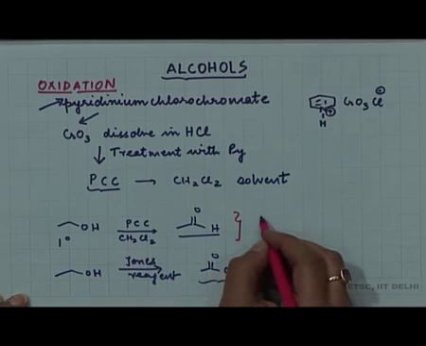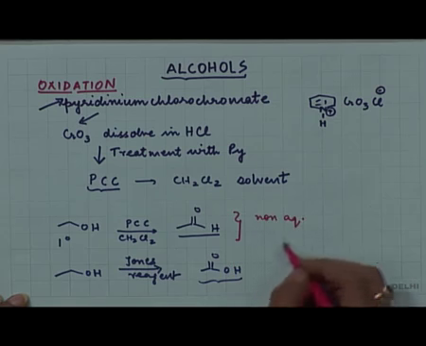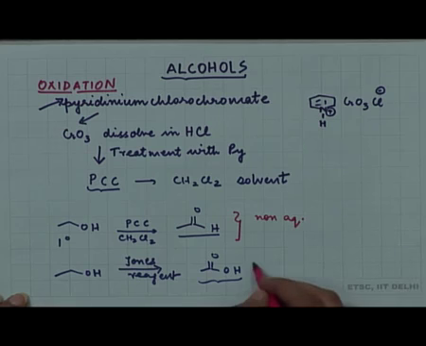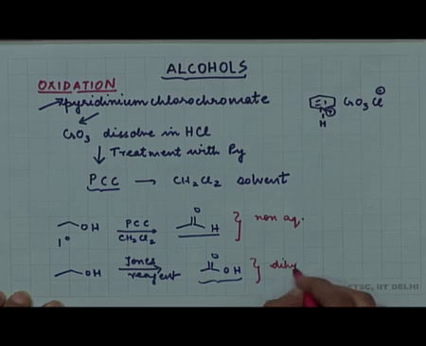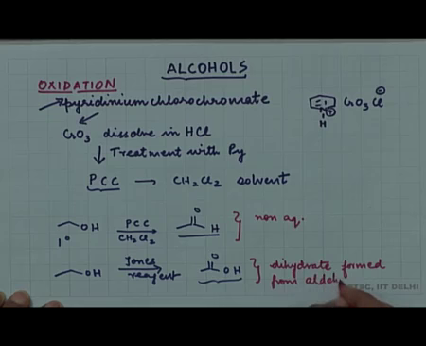As you can see here, the conditions which we are using are non-aqueous. The reason why the aldehyde was changing into acid with the other chromium reagents was that there was a dihydrate being formed from the aldehyde under aqueous conditions.